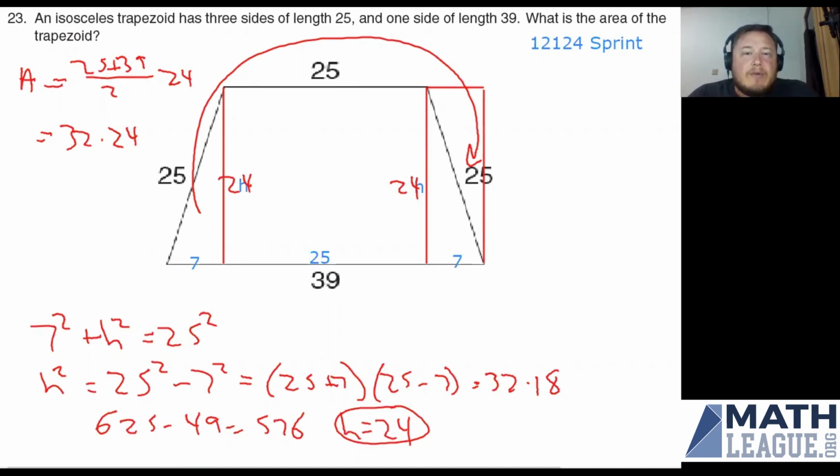Now this triangle has moved over to here, and what we're left with is a rectangle with 25 plus 7 across the bottom. That's 32, and again, a height of 24. Either way, you get an overall area of 32 times 24, which equals 768. And that's how it's done.